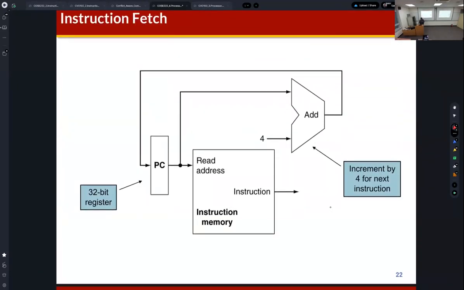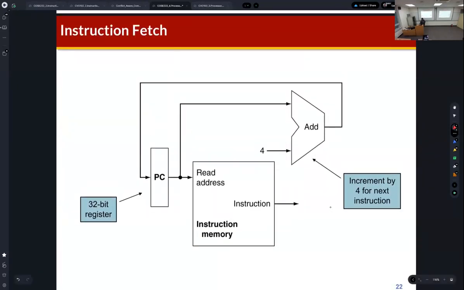Okay, the first step is instruction fetch. So what is instruction fetch? What is fetch actually?